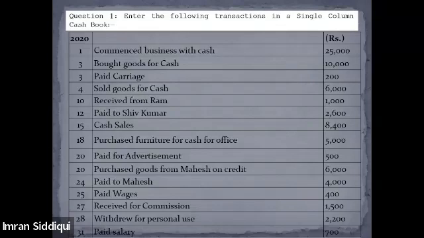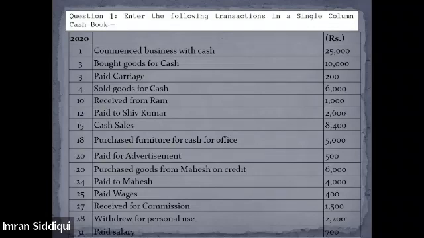Then on the 20th again, purchase goods from Mahesh on credit. So if we have bought goods from Mahesh on credit, tell me whether I should record this transaction in the cash book or not. Is this transaction affecting the cash inflow or outflow in any manner?